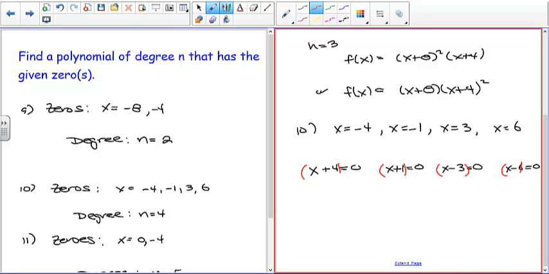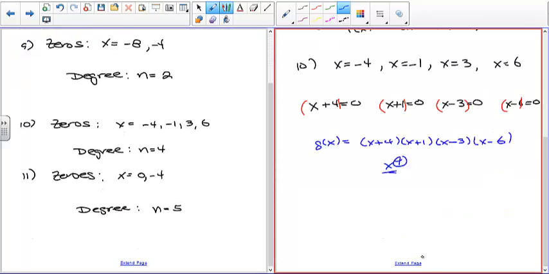And then you just multiply those 4 factors together. x plus 4, x plus 1, x minus 3, x minus 6. And again, you can see I'm going to have this big long expression, but if I take the first term of every factor, x times x times x times x, I'm going to get x to the 4th. And that's the degree. Okay, so we'll do one where it's not that case.